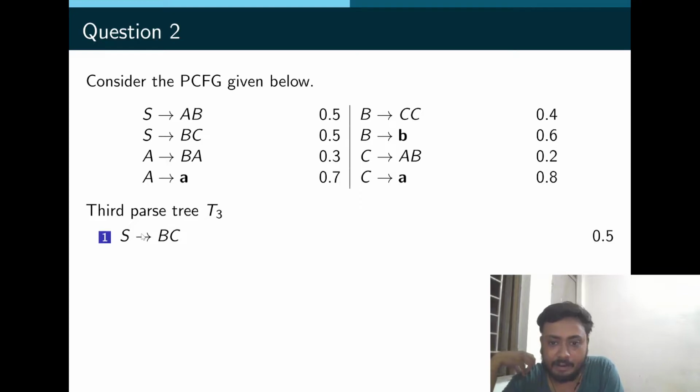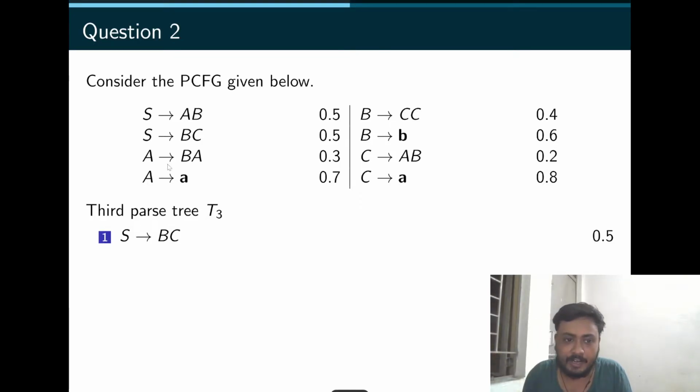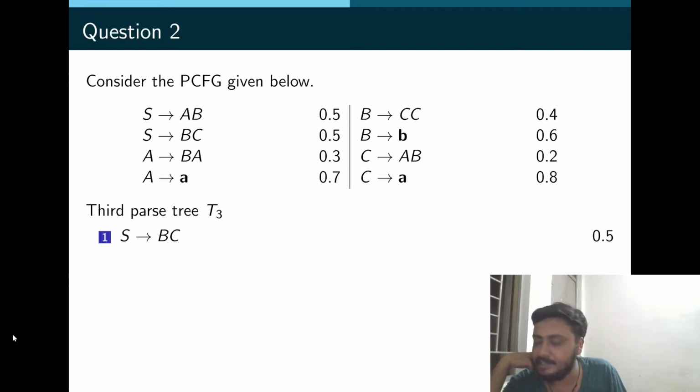Then again, this might not be possible always, but because you have these nice setups over here, where this non-terminal will generate only A, this will only generate B, this will only generate A, it becomes slightly easier for us to do these things. If there were other combinations, then we would have been in bigger trouble.